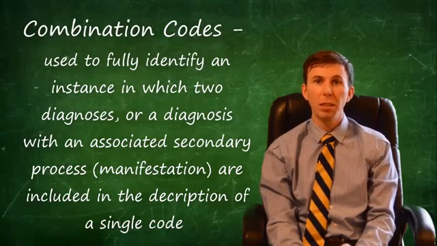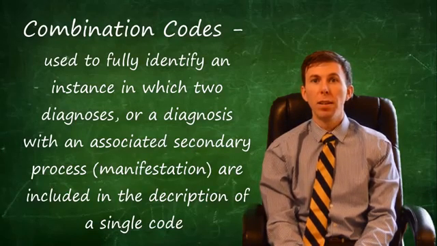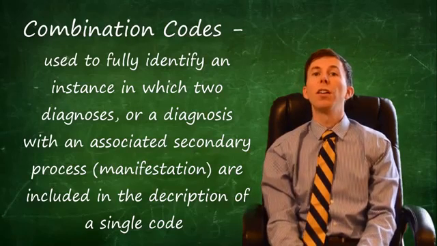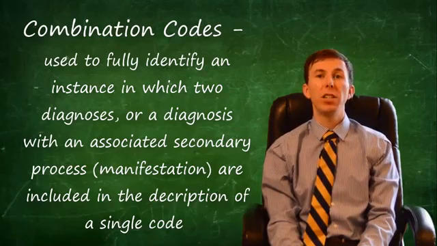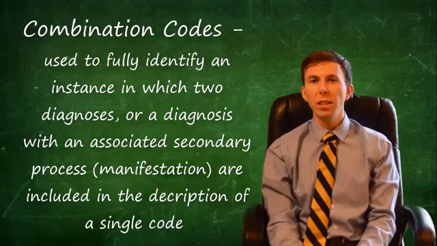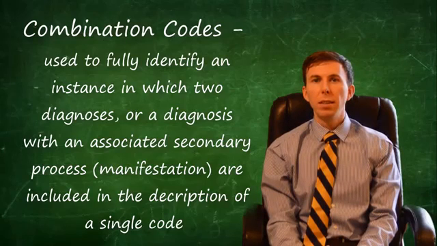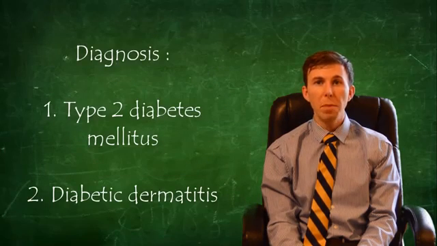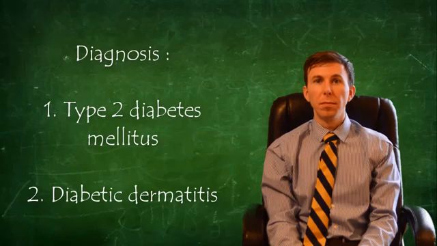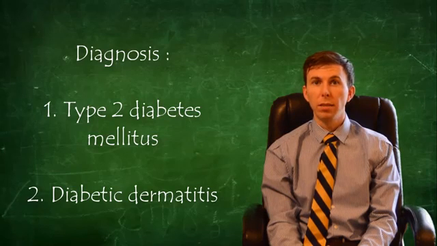Next, let's talk about combination codes. Combination codes are when two codes are basically combined into one. This happens when there's some type of similarity, or the first code has a manifestation that causes the second code. An instance of this would be, let's say somebody was diagnosed with type 2 diabetes mellitus as well as diabetic dermatitis.